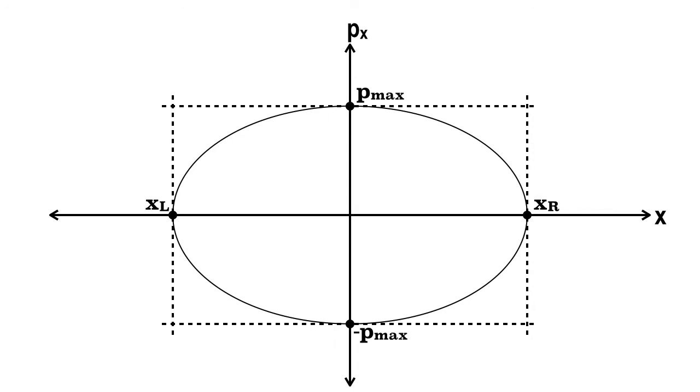And you would use absolute value if you're going to use minus p_max, and absolute value if you're going to use x_L for your calculation. But p_max and x_R do the job just fine. And if it's an oscillating and periodic system, if it's going to be symmetric like this, you have the area.